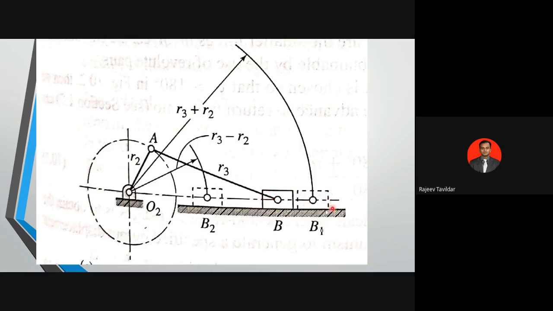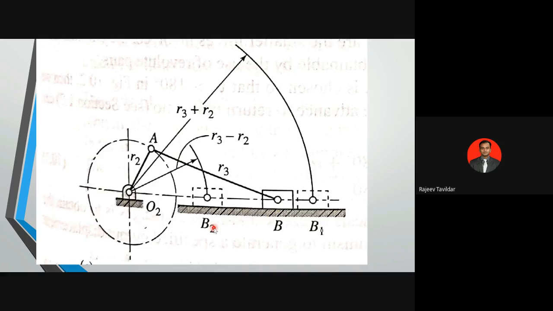That means it will come as B1. When it comes to B1, this radius they have mentioned as R3 plus R2. That means the entire horizontal line will be R3 plus R2. Similarly, when the slider comes to the B2 position, that is the extreme left position, this arc they have mentioned as R3 minus R2, as we have already discussed. And the stroke length between B1 and B2 will be 2 times R2.